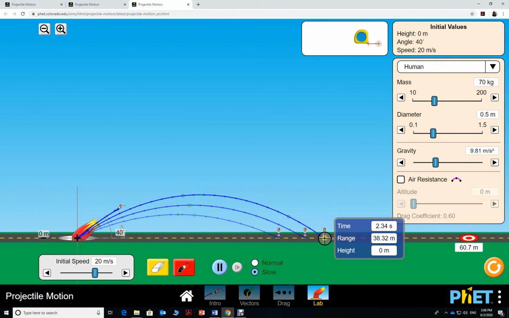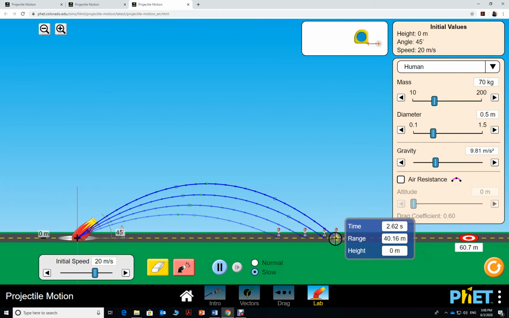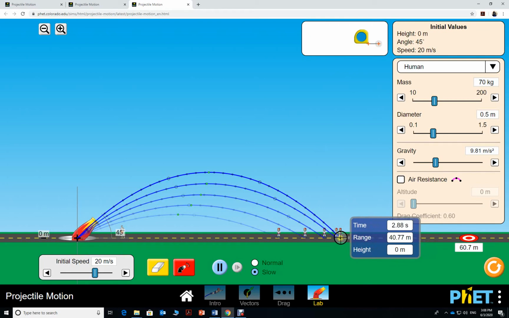Throw the ball, measure the range. This is the range. Then the angle will be 45. Throw the ball, measure the range, and record it.